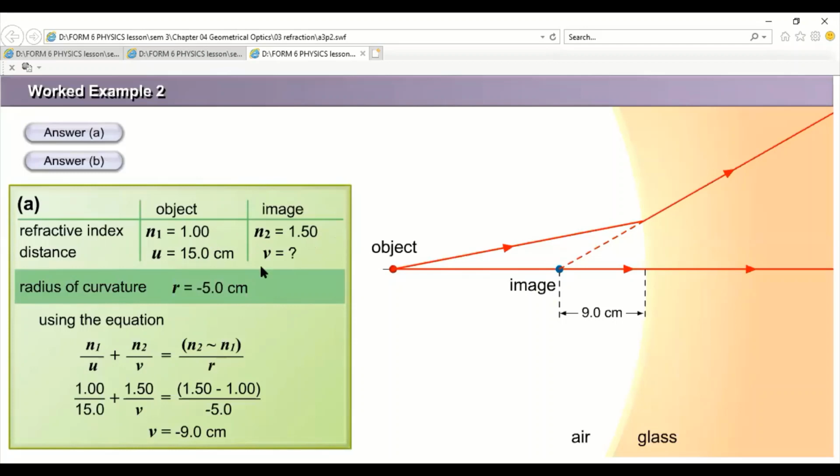We find the image where R is equal to -5 because it's a concave surface. So we get that it will be -9. That means it will be a virtual image, 9 cm in front of the concave surface.